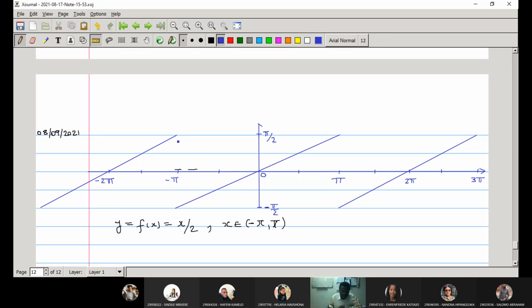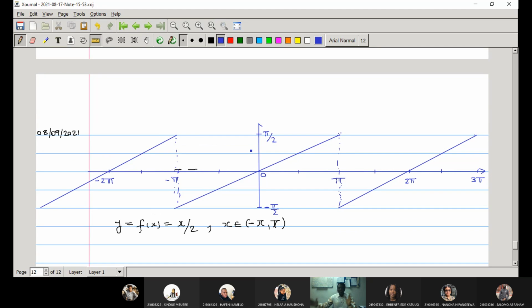And you can see that here you have a discontinuity. Unfortunately, like this. Okay, those are points of discontinuity. So it should be like that. You draw in the interval negative pi to pi, and then you translate it throughout. So this is our periodic function.